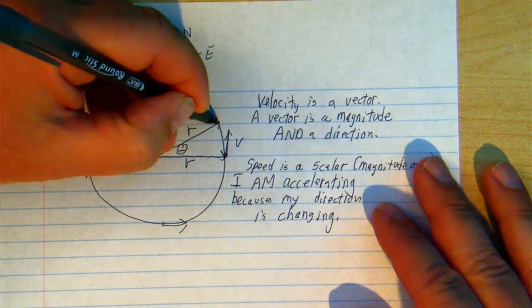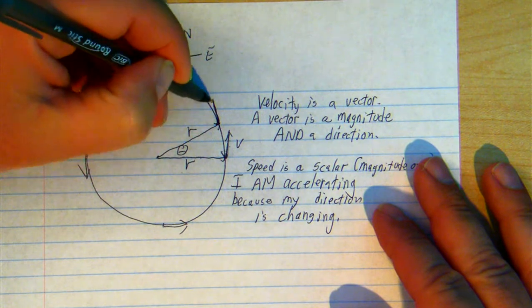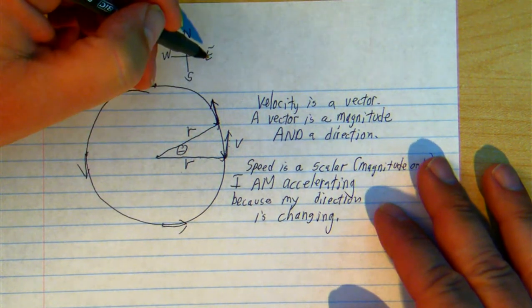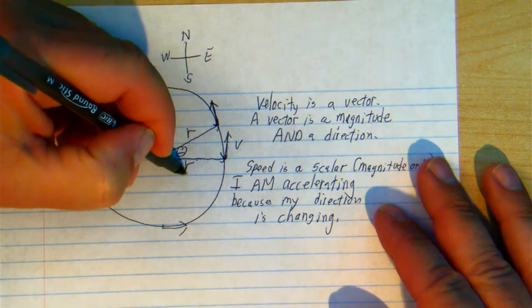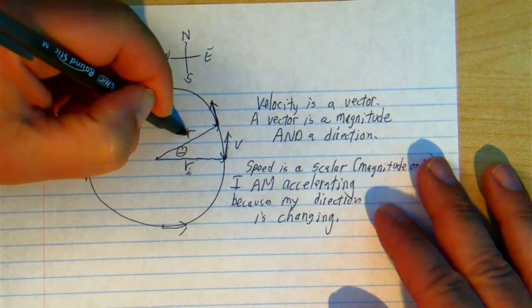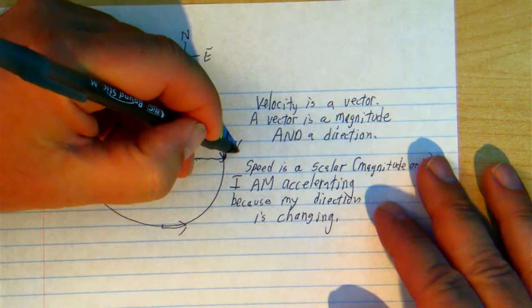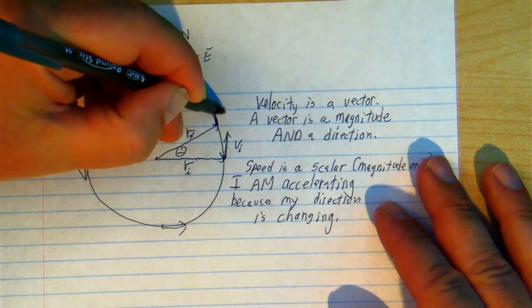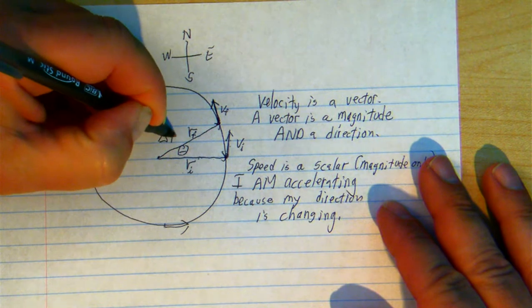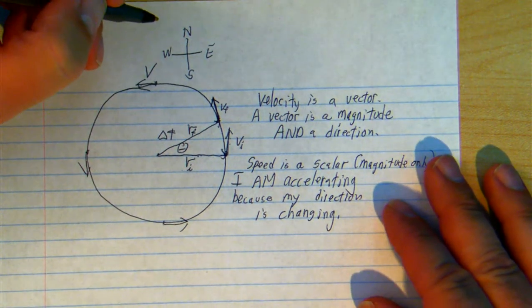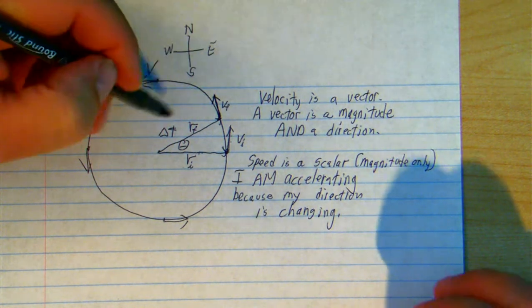So if I could draw an arrow tangent, I would draw it the same length as this earlier one. And so what has changed between this initial moment, I'll call it sub i, and this later moment, I'll call it final, sub f. Here I had initial velocity, here I have a final velocity. All of this is after a short interval of time, delta t. Delta from math class means change in time.